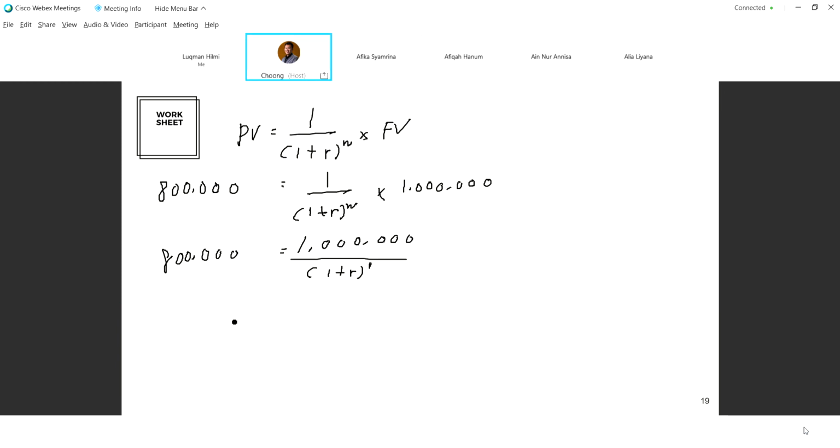Boleh kan? Pernah belajar MS kan? Tak perlu MS kan? Matematik pun pernah belajar. So, ni kena tarap yang ni. Maksudnya 800,000 tambah dengan A sama dengan 1 million.